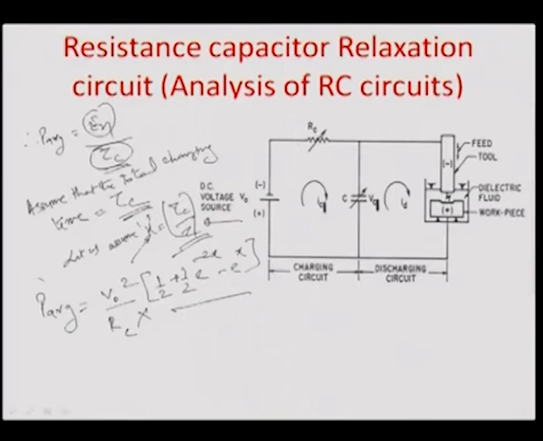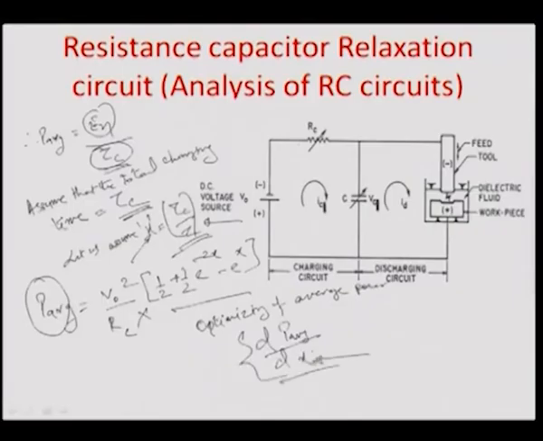So, we can actually optimize this power, because that is the whole goal behind the charging discharging. So, optimizing of average power is carried out by differentiating this with respect to the parameter x. So, we will really have to see at what x value, corresponding to what ratio between the total charging time and the time constant tau, would the optimum power be delivered.